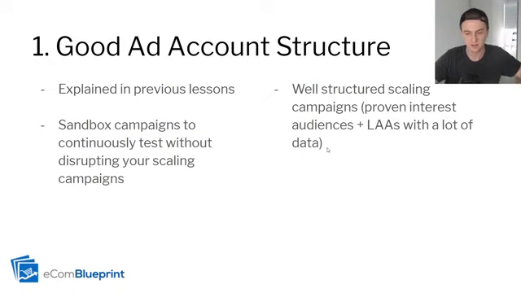The other part of this is well-structured scaling campaigns, and I talked about this all in the last video. This is the first pillar of consistency: having good ad account structure, like not having a bunch of overlap, not having a ton of different campaigns and constantly creating new ones. You want to have good ad account structure and focus on cycling ads rather than just constantly creating new ad sets. This is a big change with CBO and the way that Facebook ads ad account structure works.